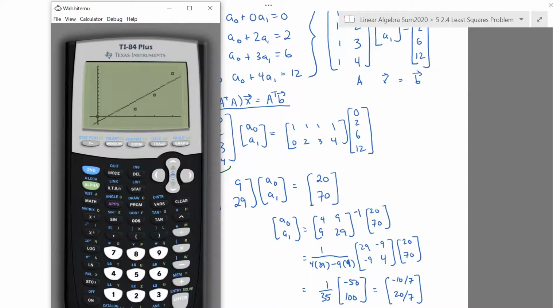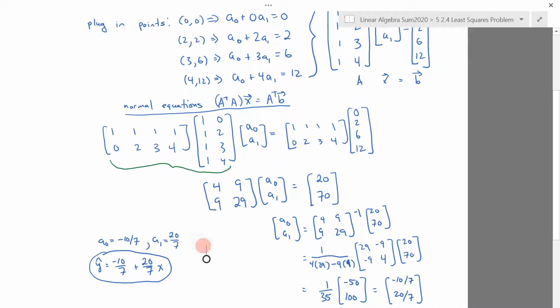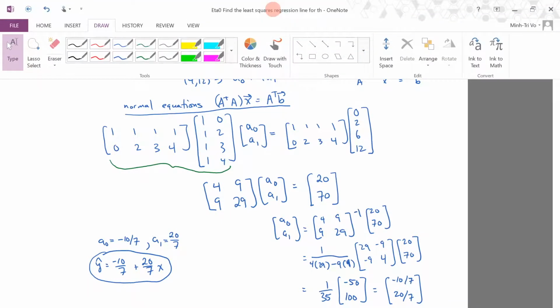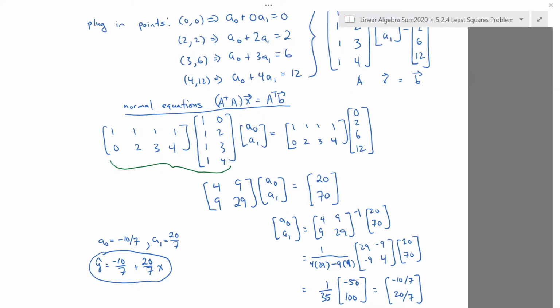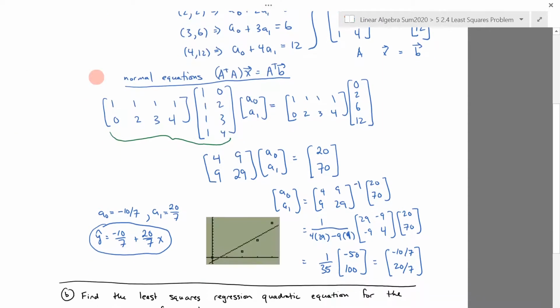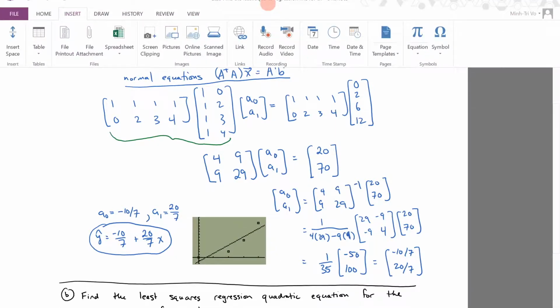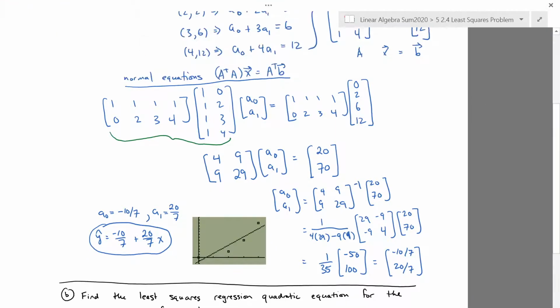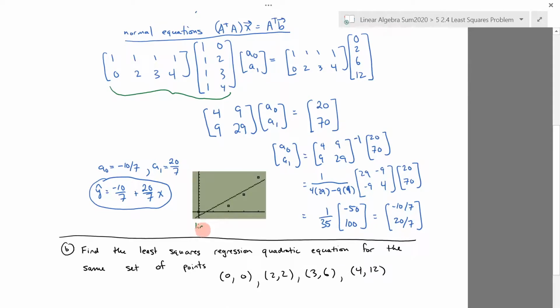Okay, so we see that this is the regression line compared to the scatter plot. So this is what the linear model looks like.